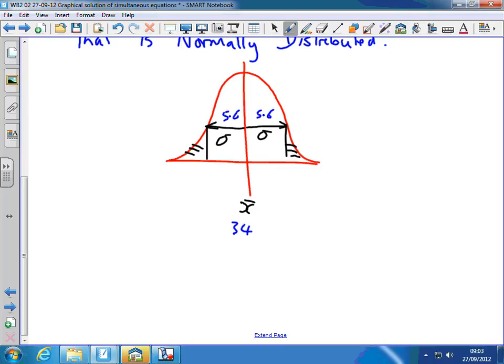So this point here is 34 plus 5.6, which is 39.6. This is 34 take away 5.6, which is 28.4. Now the firm claims that the length of the rivets is 36, which is about here somewhere. So is that a reasonable claim?